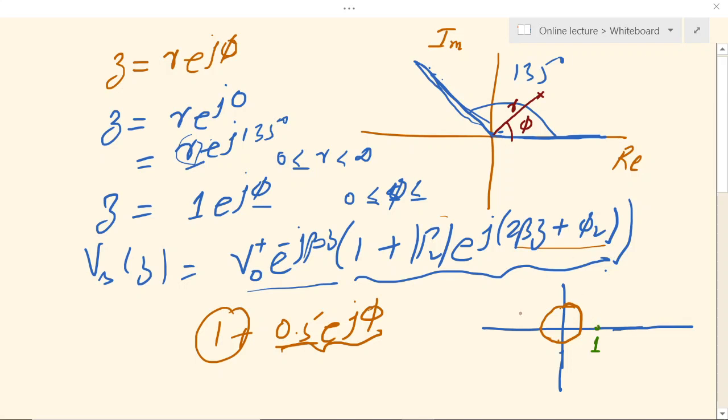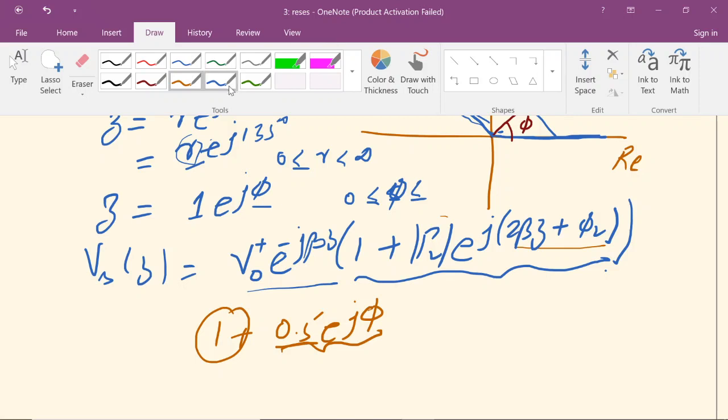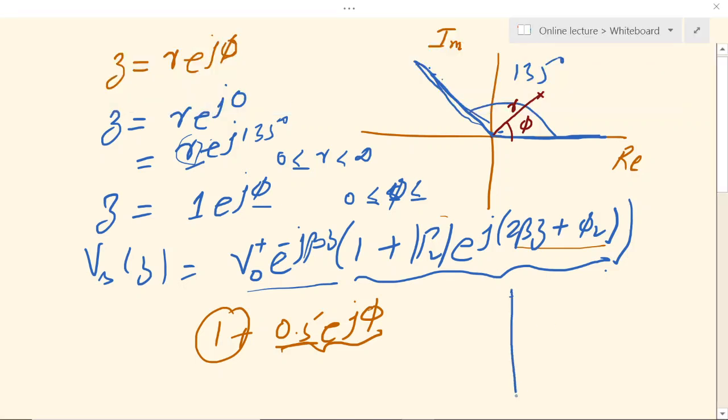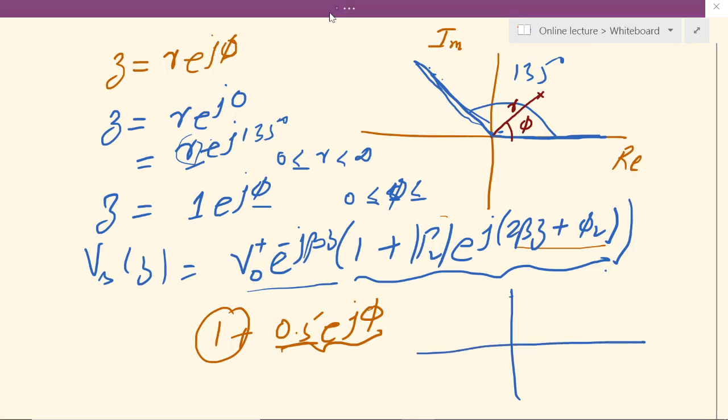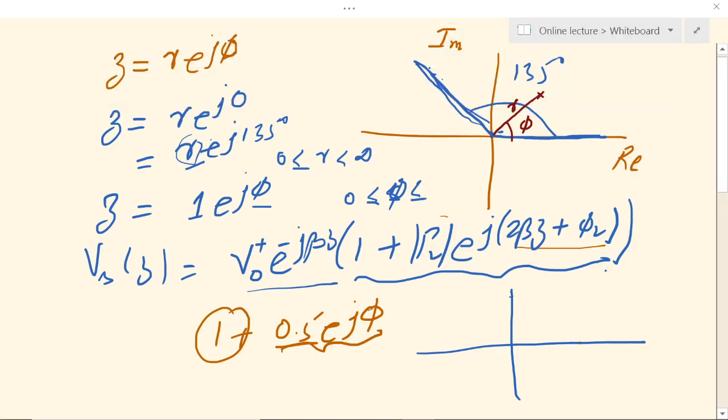When you redraw this on this axis, you will have a circle. This is the point here. All the values will be mapped for different values of z. The points will map onto this circle.